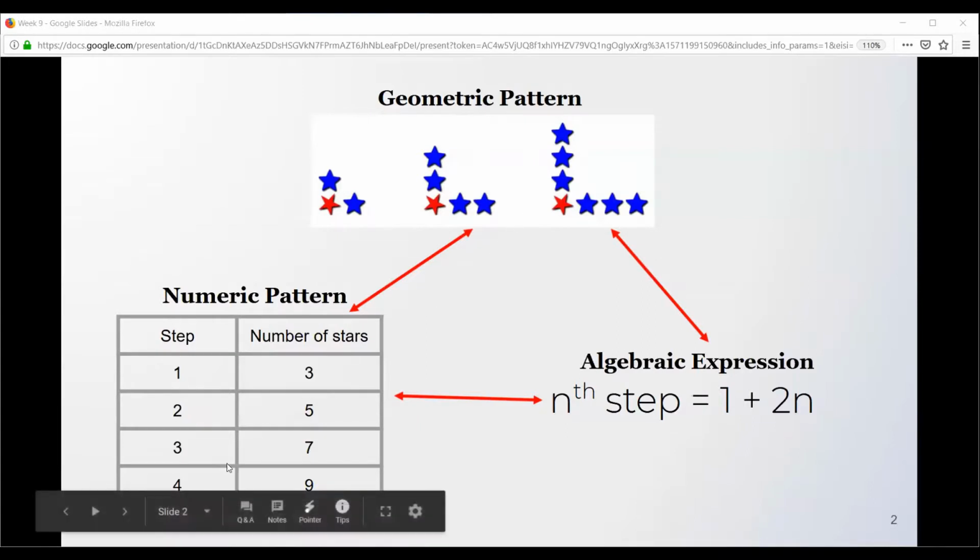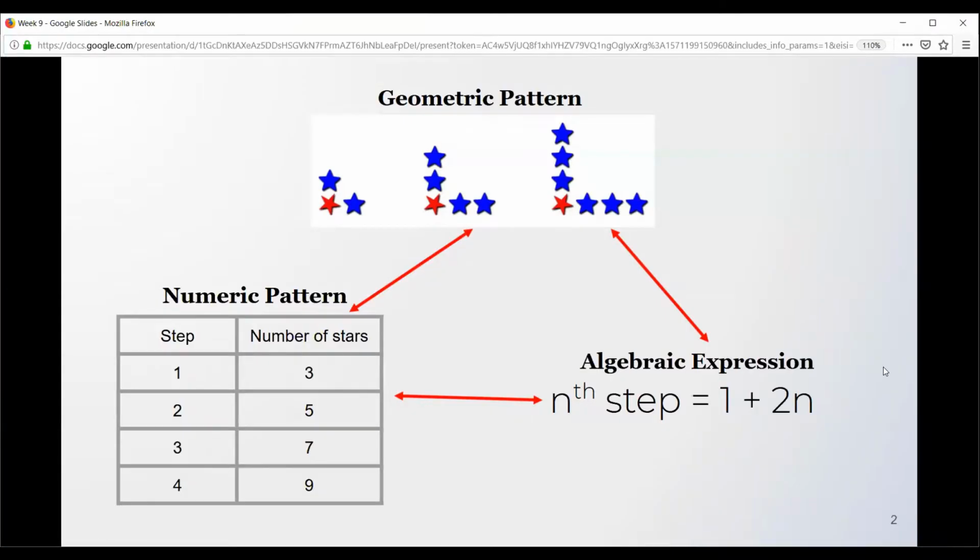Step 4 is going to be 9 stars. Our algebraic expression is 1 plus 2n. And we're going to see that the 1 has meaning in our geometric pattern, our 2 has meaning, and our n has meaning.